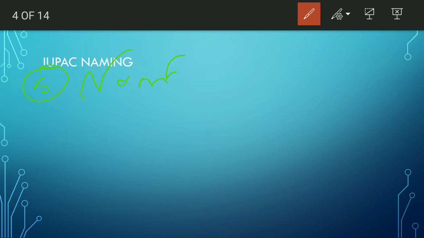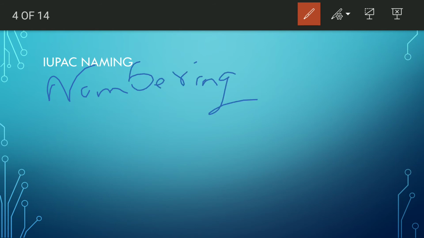The second one is numbering. How to do the numbering of the parent chain? Numbering also plays an important role to show where a locant is present. If I have this, the first point for the numbering is that it is done from the corners.